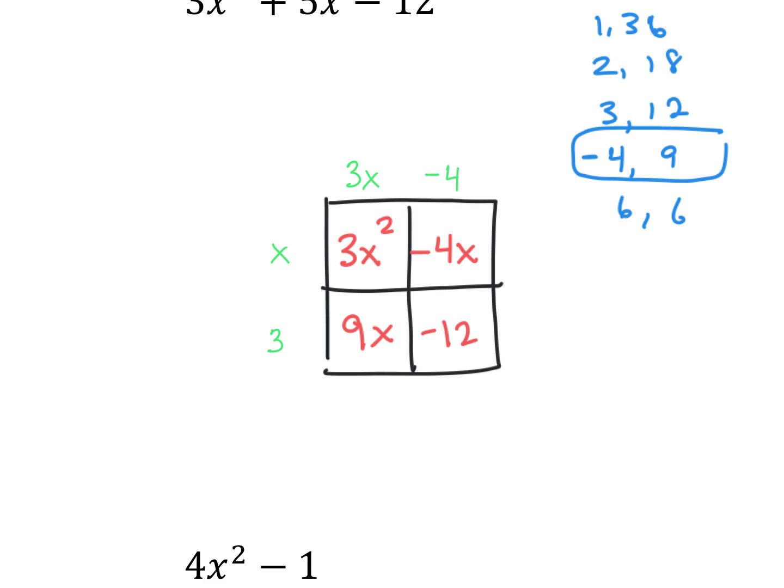It is. So that tells me that I'm confident we found the correct GCFs, and also I know that all of my signs are correct. So the final answer is going to be the binomial factors. One of them is going to be that 3x minus 4 across the top, and then an x plus 3, because that 3 was positive, across the bottom.